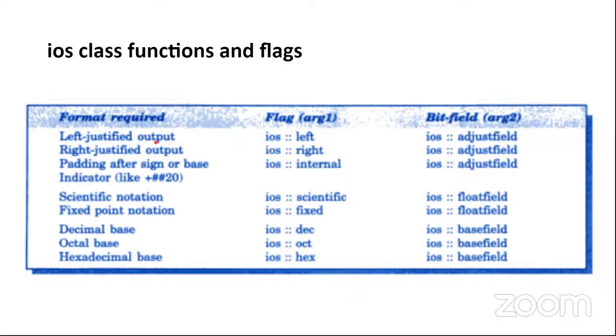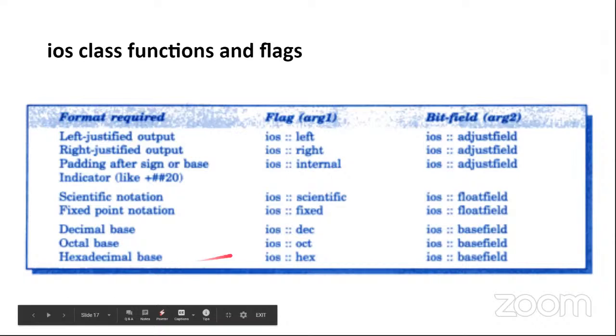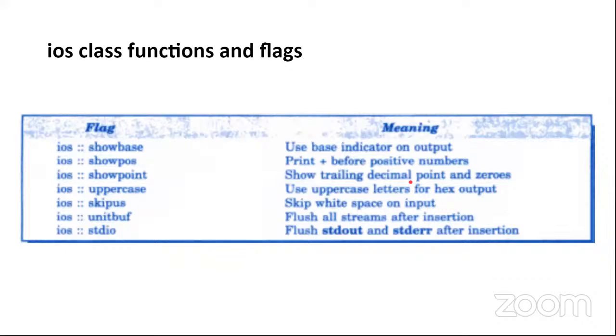So these are the arguments for the setf function for various formats: left justified, right justified, scientific notation, fixed point notation, decimal, octal, hexadecimal. setf can also take a single argument.